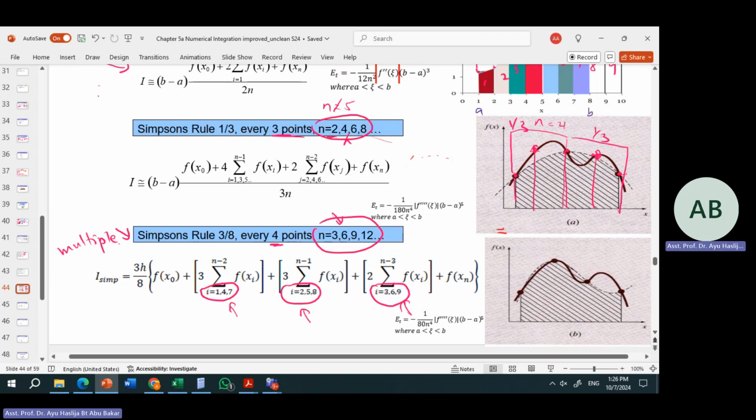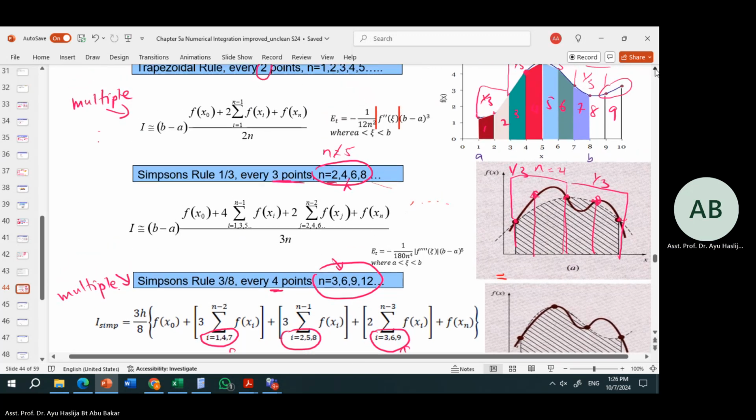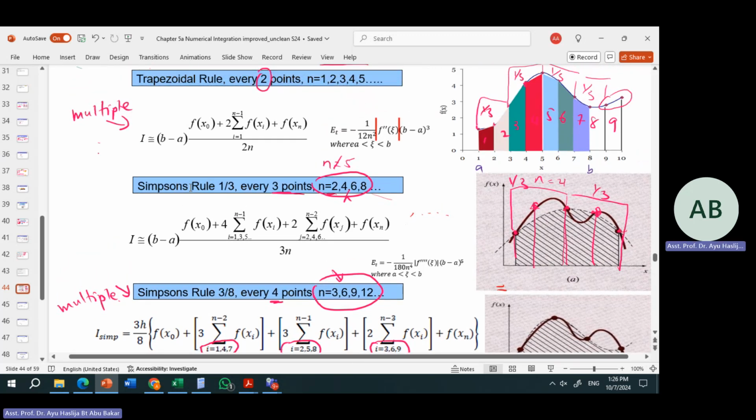N equals to 5, yes, trapezoid. Only trapezoid can be used. Sorry? The accuracy level? Yes. More points, better. Different rules also have different accuracy.